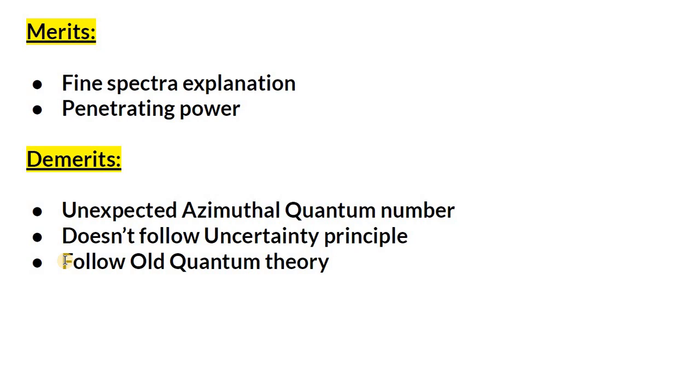That's why it is part of the old quantum theory. So these are the demerits, and a lot of other demerits are also present. Another demerit, which was also present for the Bohr theory, is that it is not applicable to polyelectronic or multi-electronic systems.